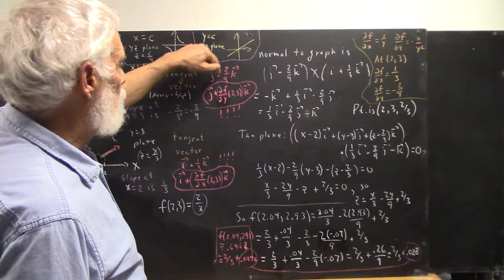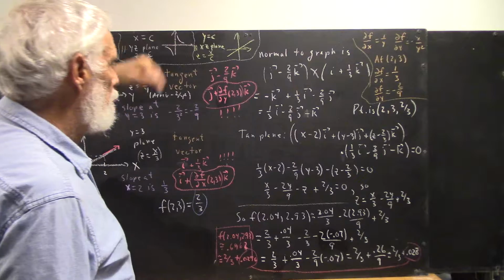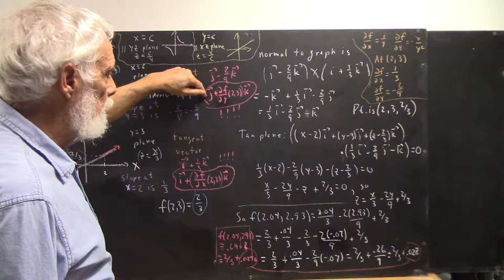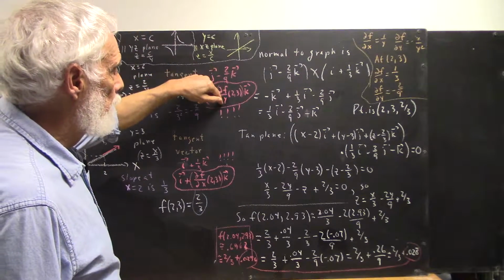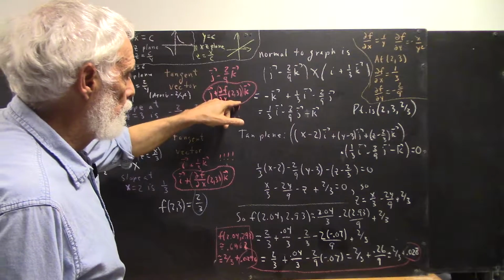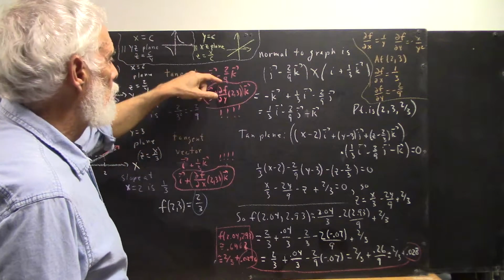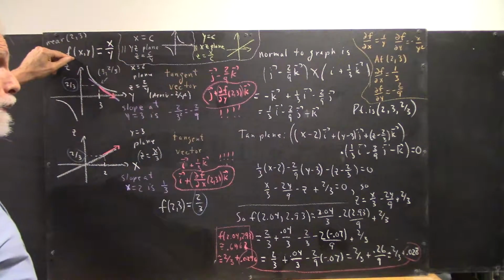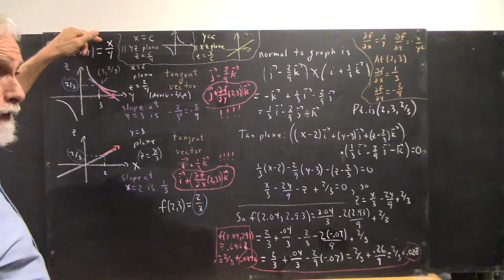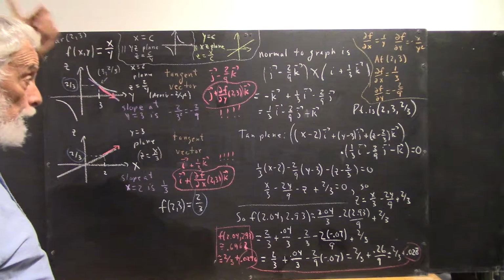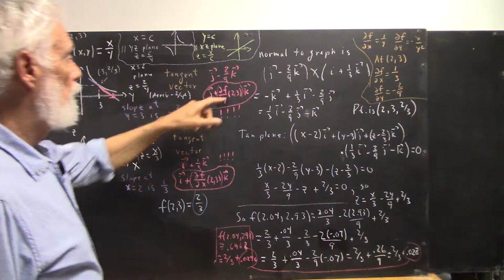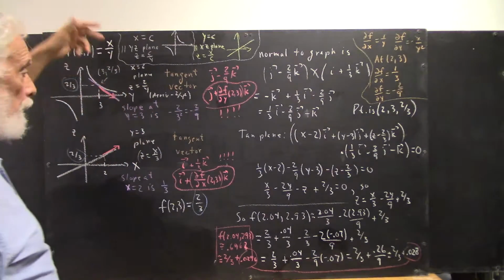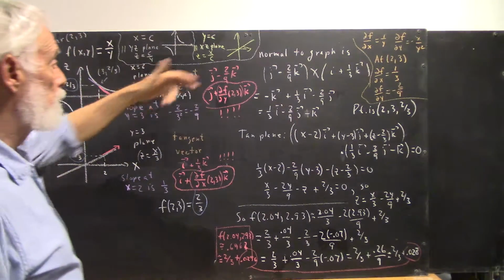Now, the vector j minus 2/9 k can be represented as j plus the partial of f with respect to y at the point 2, 3 times k. The partial of this function with respect to y, treat x as a constant, you get negative x over y squared. Plug in the coordinates 2, 3, you get negative 2 over 3 squared, which is negative 2/9.